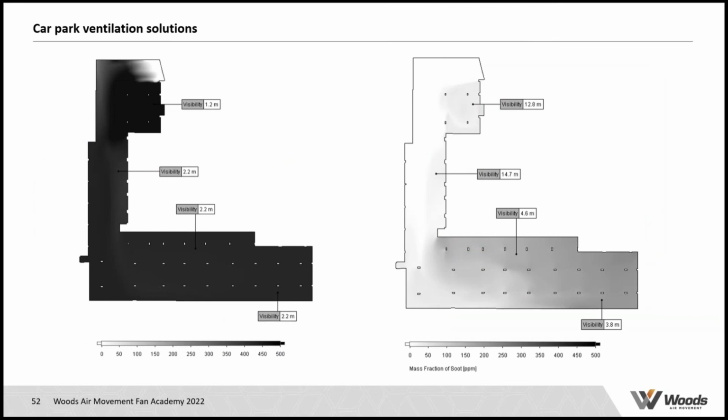But it will also result in simulations on, in this case, smoke clearance rate. Starting off on the left-hand side with a fully smoke-logged car park, and on the right-hand side the results over a certain time to show the actual rate of smoke clearance.